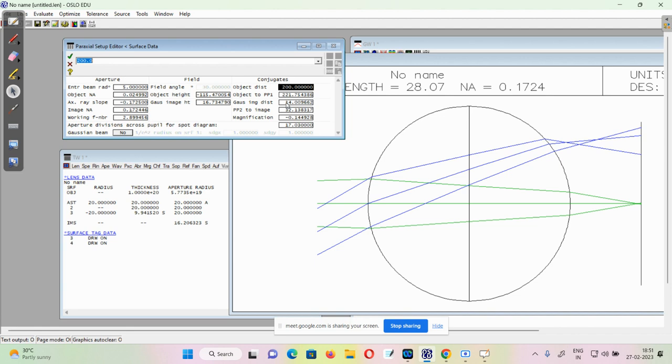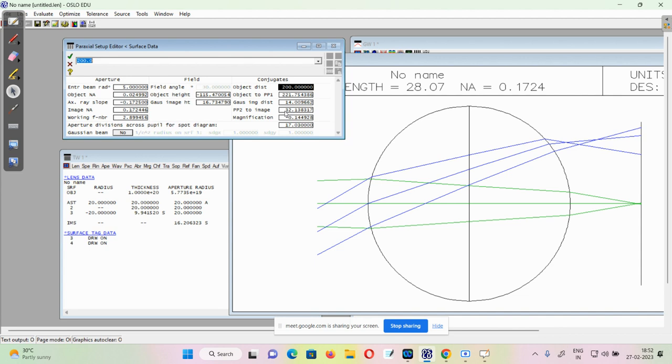Now, I have given an object distance of 200 millimeter. So the object is at a finite distance. So I cannot say that all the rays are going to be parallel.